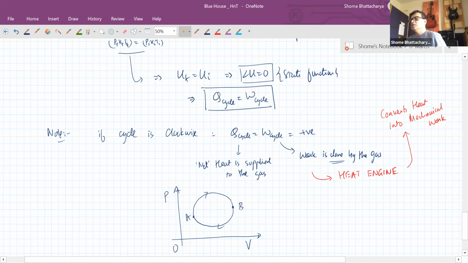Going from A to B, the work done will be this total positive area. This total area is A1. So the work done for the cycle is work done from A to B plus work done from B to A. Now, because it's a clockwise cycle, this will be positive of that area A1.